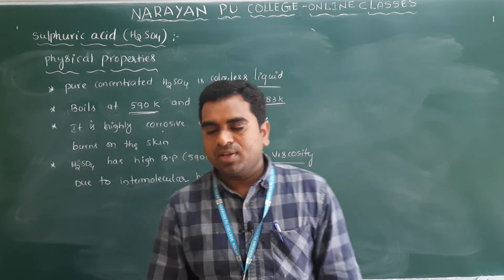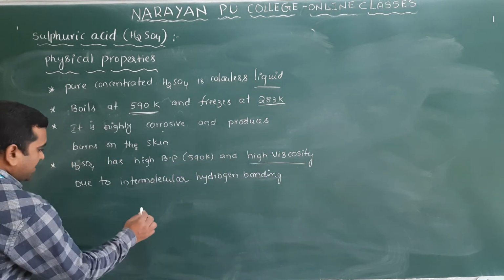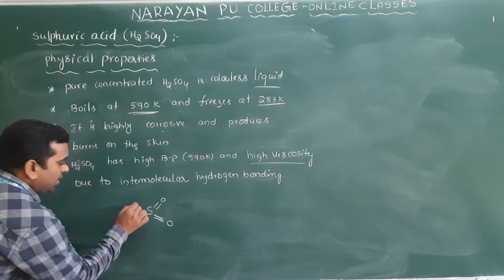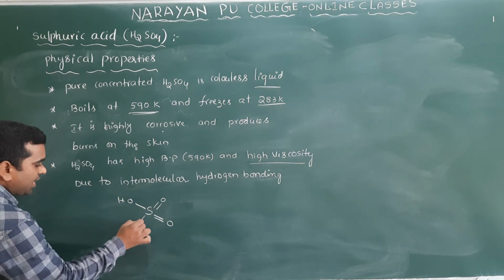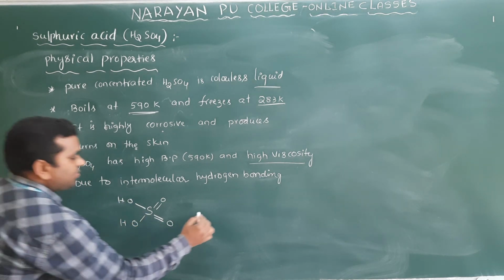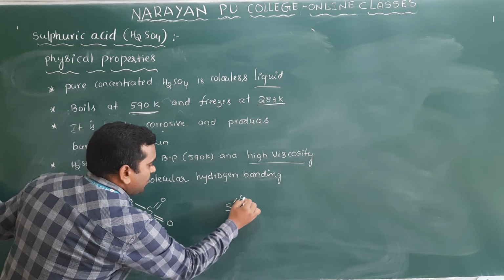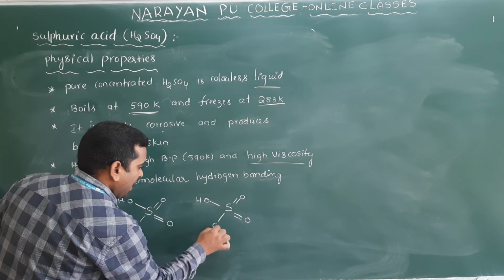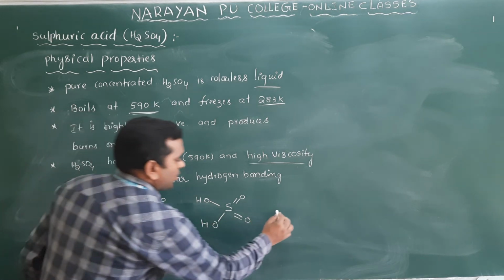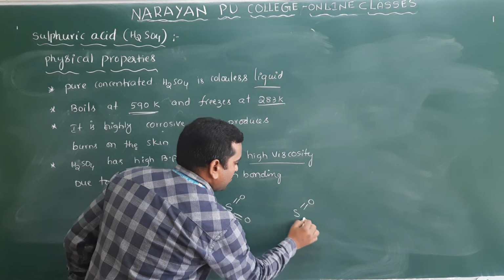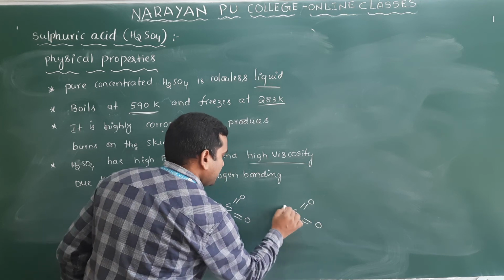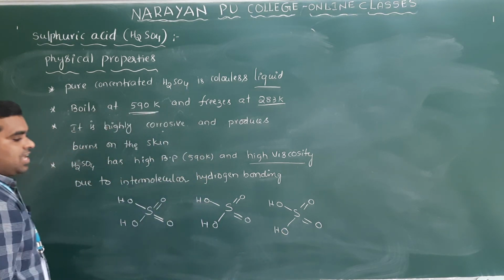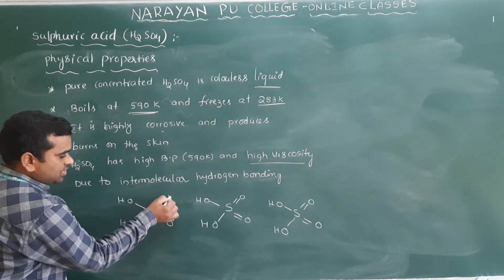This is important. Clear? Structure we have already discussed previously. This is the structure of sulfuric acid. These sulfuric acid molecules are held together by strong hydrogen bonding. So you see here, there is hydrogen bonding among the sulfuric acid molecules.